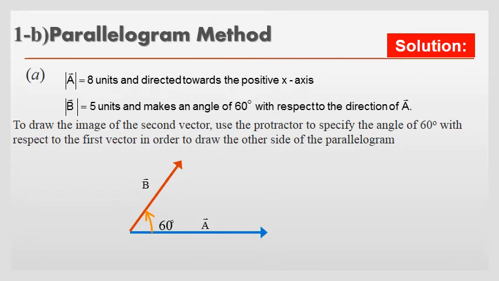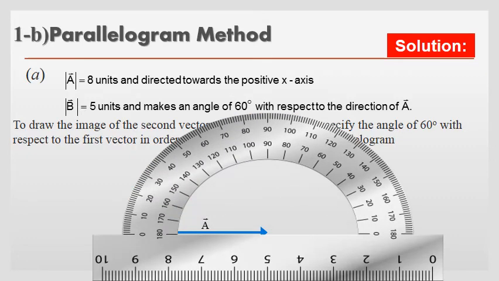The third step in the parallelogram method is to complete the shape of the parallelogram. To do that, we need to draw two lines, one parallel to the line A that starts at the head of B, and the other parallel to the vector B that starts at the head of vector A. Now, to start with the vector B, we need to specify the angle of the image vector parallel to B, like this.